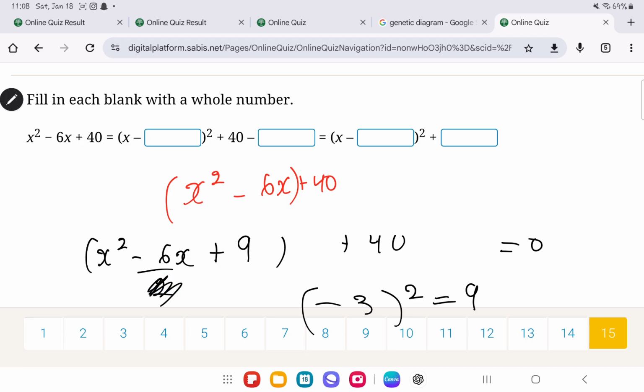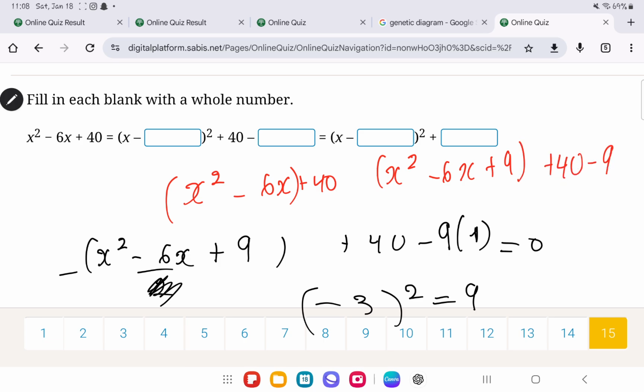And outside we are not going to add, because they are on the same side. We are going to subtract 9 multiplied by the number over here, which is 1. So our answer is then going to be x squared minus 6x plus 9, plus 40 minus 9.